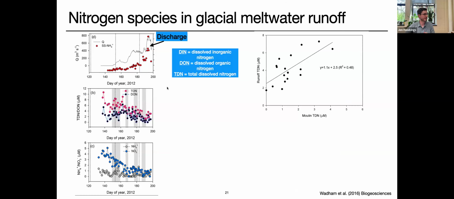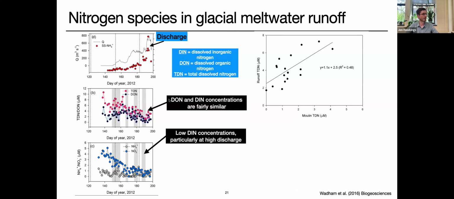So what we see here is that Leverett Glacier demonstrates a continuous supply of nitrogen in meltwaters, but dissolved inorganic nitrogen concentrations, a combination of nitrate, nitrite, and ammonia, are pretty low, from 5 micromolar in that early season melt when the river's quite small, down to less than 1 micromolar when that river really is ramping up and quite large.